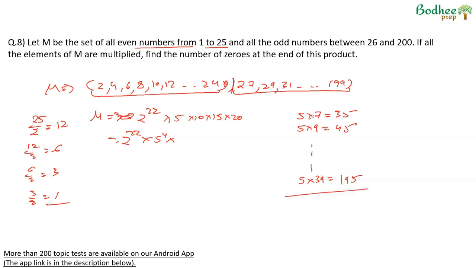So the number of fives outrightly that we get from here will be from odd numbers 7, 9, 11, and so on. The number of odd numbers will be (39 minus 7) upon 2 plus 1, which will be 17.